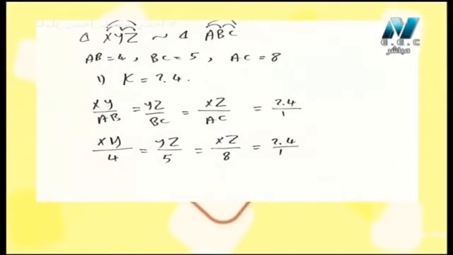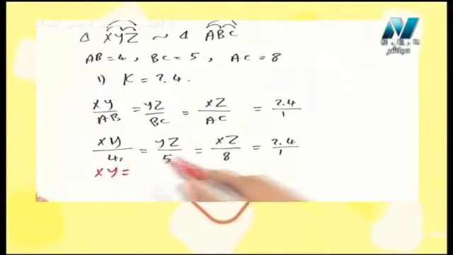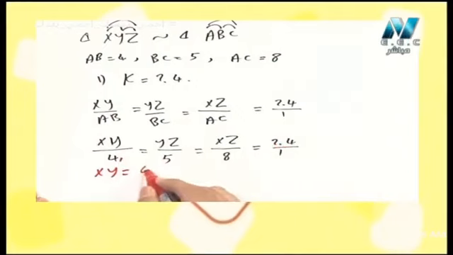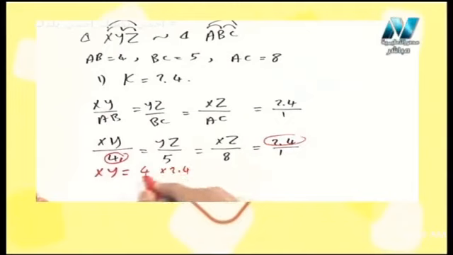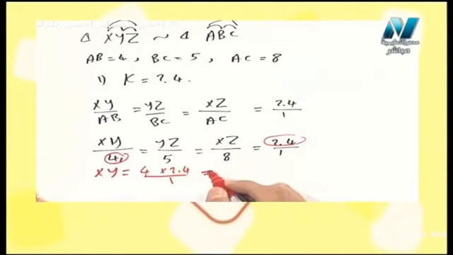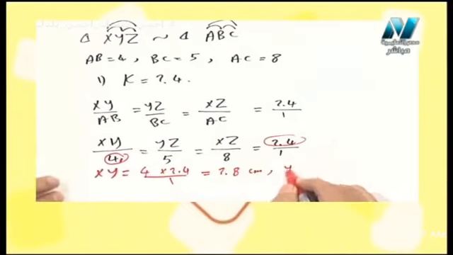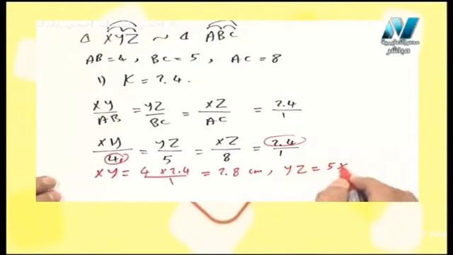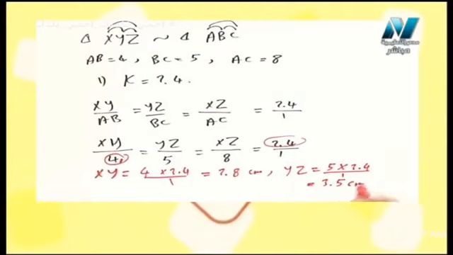And we can use cross multiplication to find XY. XY here is 4 times 2.4 over 1. So XY will be 9.6 centimeters, and YZ equals 5 times 2.4 over 1, which equals 12 centimeters.